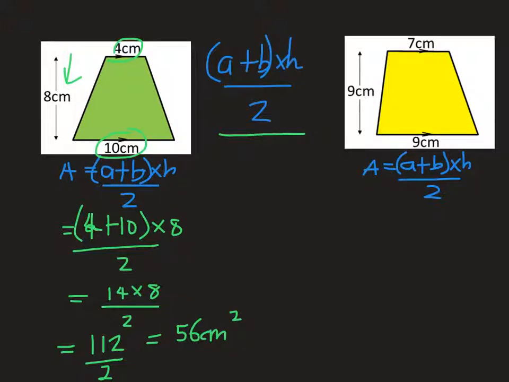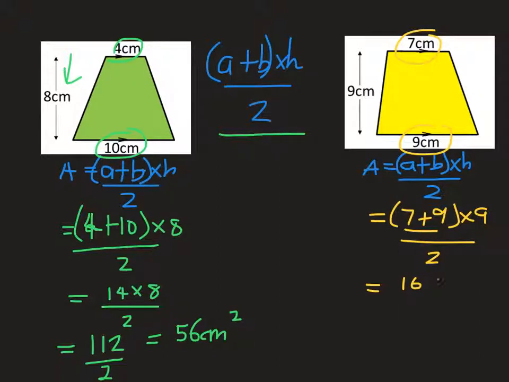Now, finally, the yellow one, same formula. A is equal to 7, B is equal to 9 times by the height of 9, all divided by 2, gives us, order of operations, use the brackets first, 16 times 9 divided by 2. 16 times 9 is equal to 144.